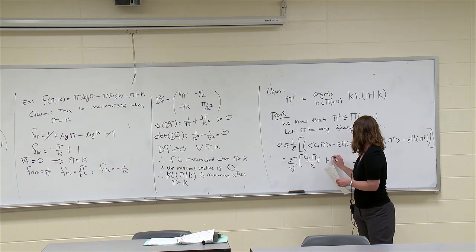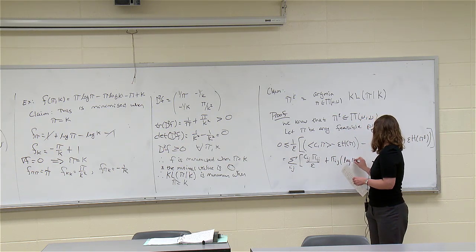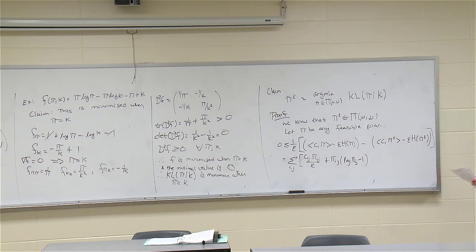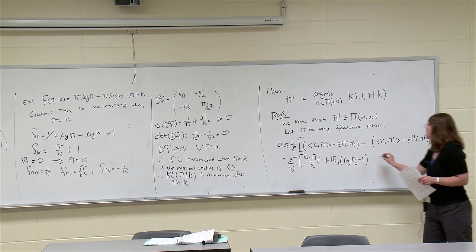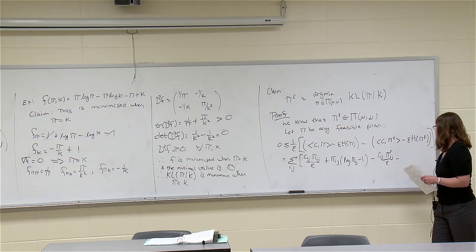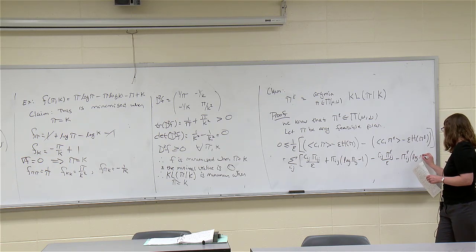So this is going to give me pi ij log pi ij minus 1. And then same game for these terms here. So Cij pi epsilon ij over epsilon, minus pi epsilon ij log of pi epsilon, minus 1.